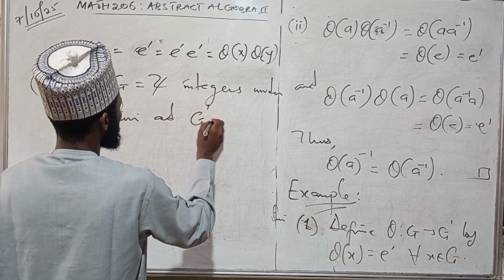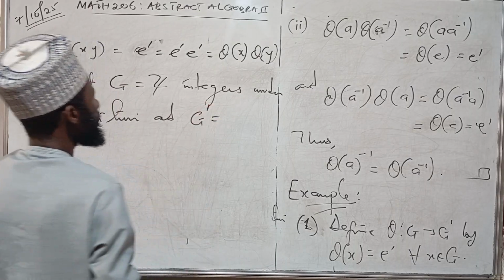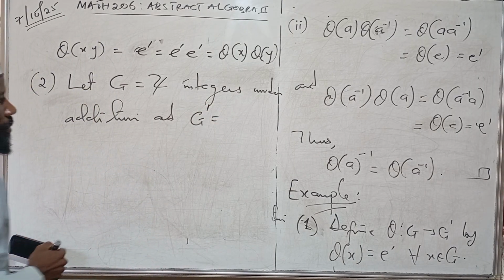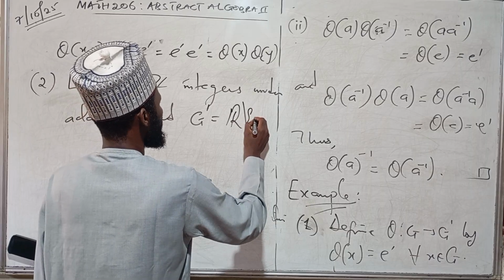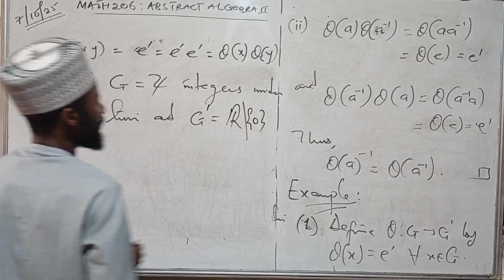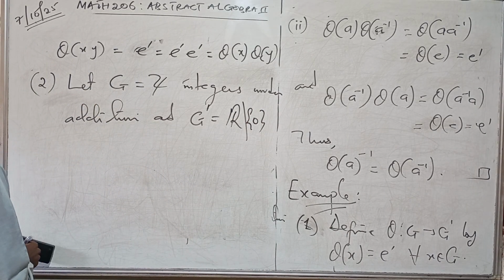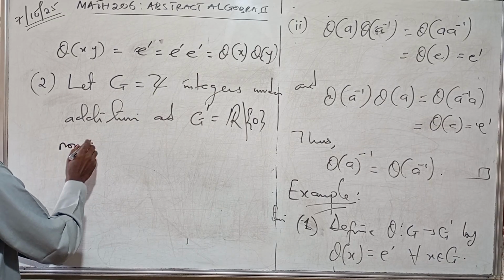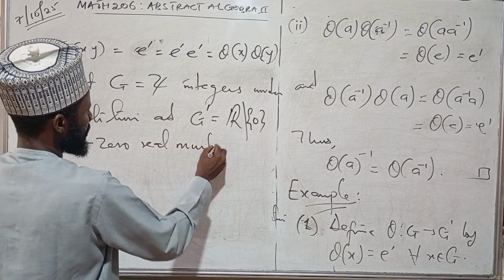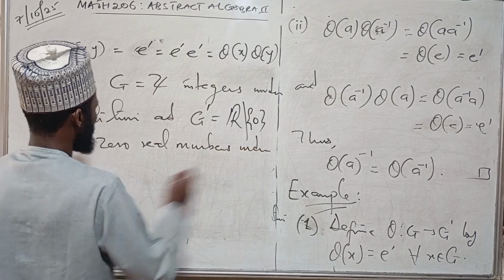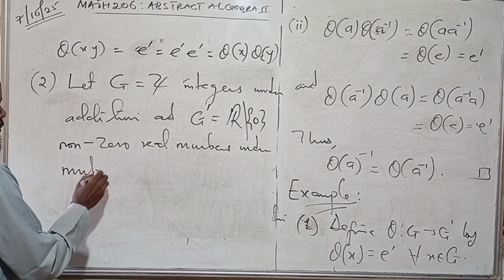And G prime to be the multiplicative group of non-zero real numbers under multiplication. This is a group.